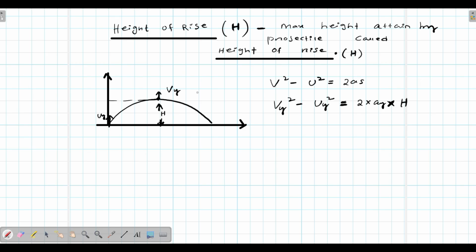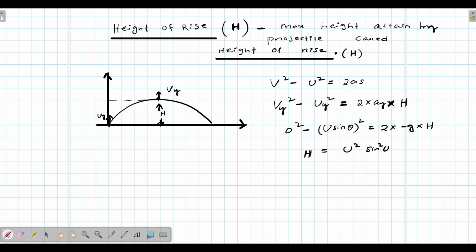Uy equals U sine theta, whole square. Ay equals minus g. Height is H. So H equals U square sine square theta divided by 2g.